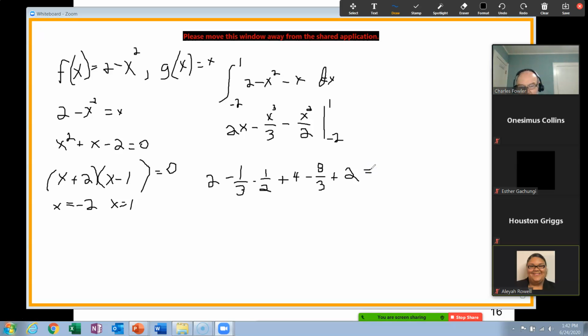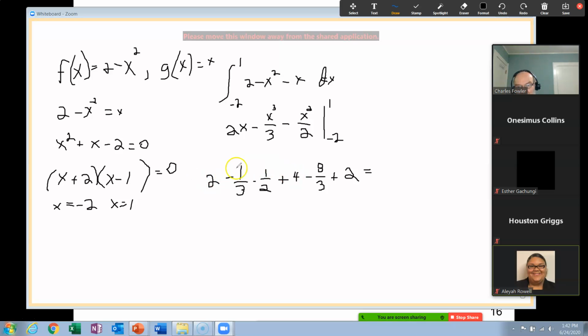I'm going to first deal with the thirds here. Minus 1/3 minus 8/3 would be minus 9/3. That's -3. Okay? And -3 plus 4 would be a +1. Plus 4 more would be 1 plus 4 is 5.